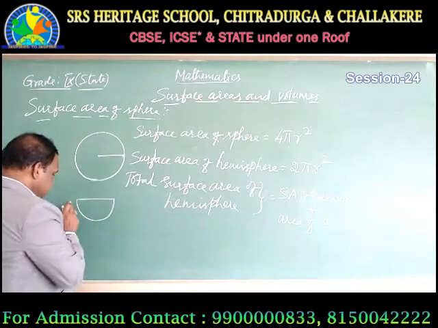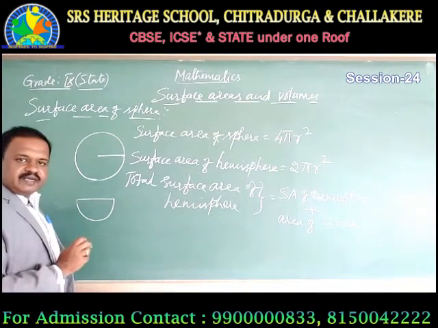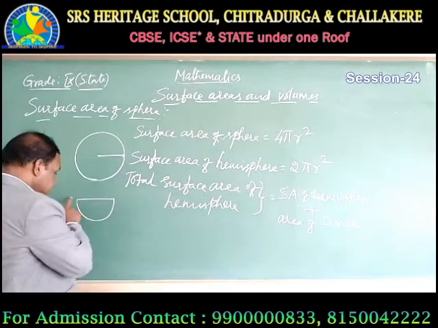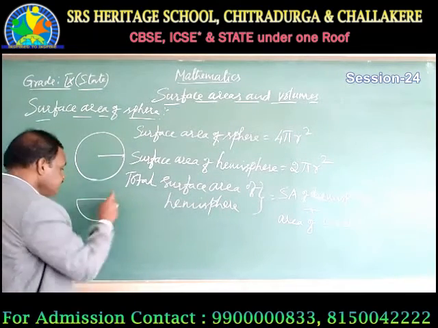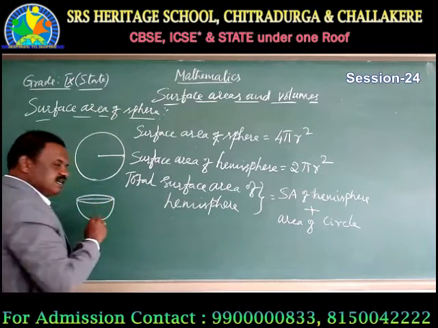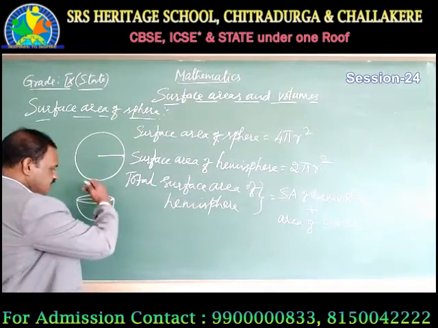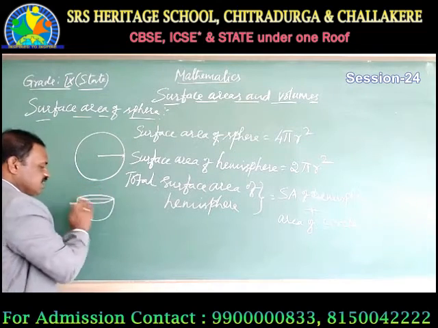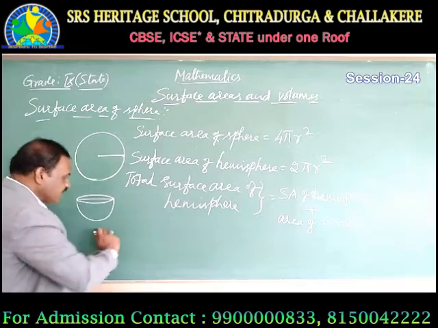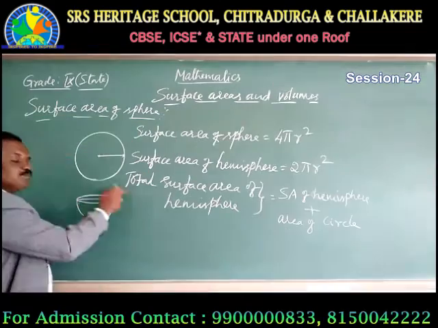If I take the surface area, then only the curved surface is taken. If I take the total surface area, then I take the curved surface area and the base, which you can take as top or bottom. What is that surface? It is in the shape of a circle. So you have to take the area of the curved surface and the area of the circle.